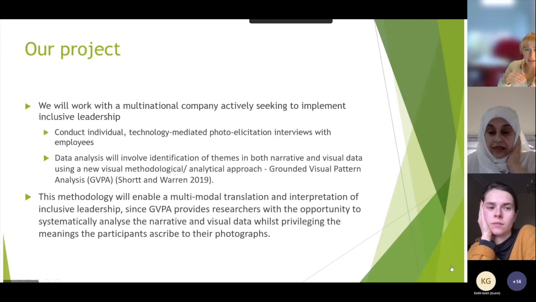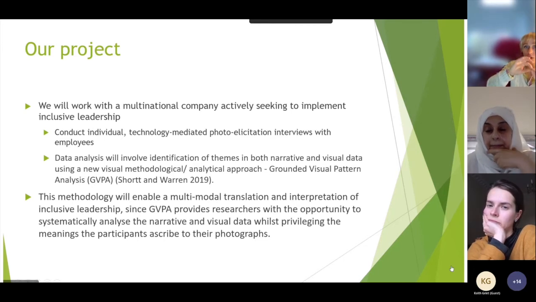We are then also, and this is the grounded visual pattern analysis, looking beyond the individual sequence, the individual interview, and we're going to look across.